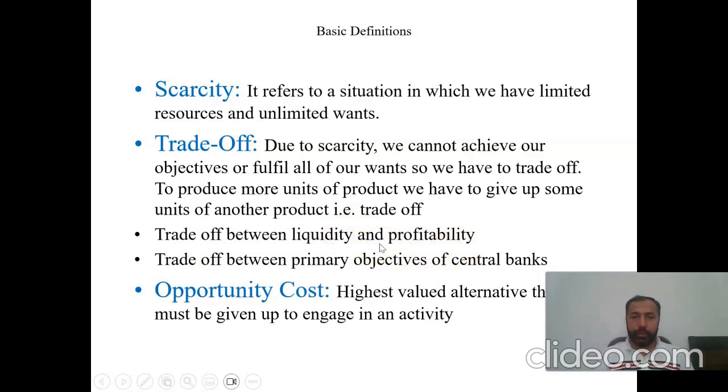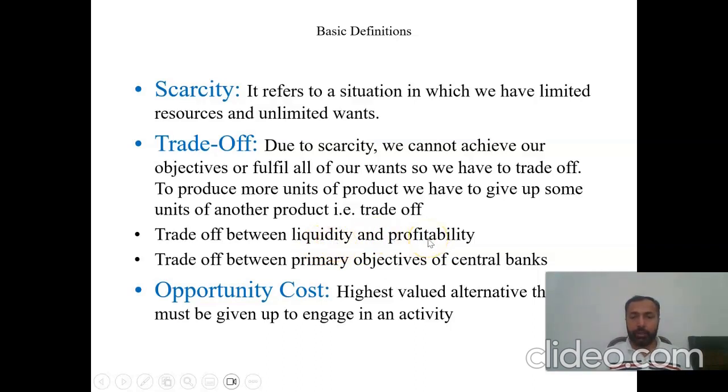If two banks have equal deposits and one bank has kept these deposits in the form of cash reserve and the second bank has given those deposits as a loan, at the end of the year, the bank which was having those deposits in the form of cash will be more liquid but less profitable, and the bank which extended the loan will be earning profit on those loans but it will be less liquid. So there is a trade-off between liquidity and profitability.